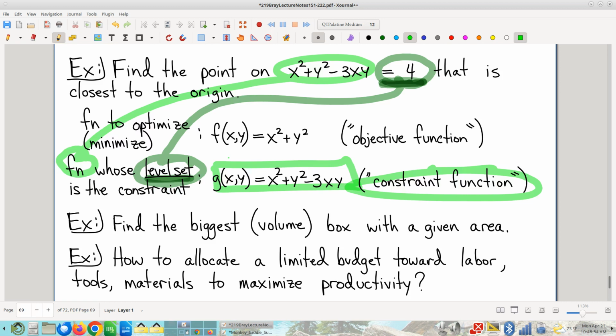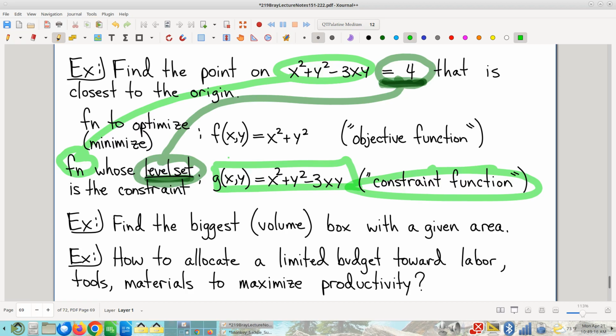Now, why level set? Arbitrary seeming. Why can't we say the function is the graph we're looking at or something like that? There are different ways that you could approach a problem. It's going to turn out to be extremely useful. In this case, extremely useful to think of the constraint in terms of level sets.